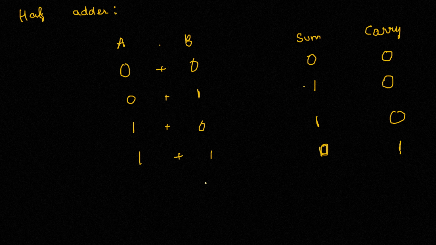So we can say that sum is A XOR B. For carry, like you can see, 0, 0, 0 and 1 is the truth table for an AND gate, where the output comes out to be 1 only if both the inputs are 1. So carry is given by A AND B.